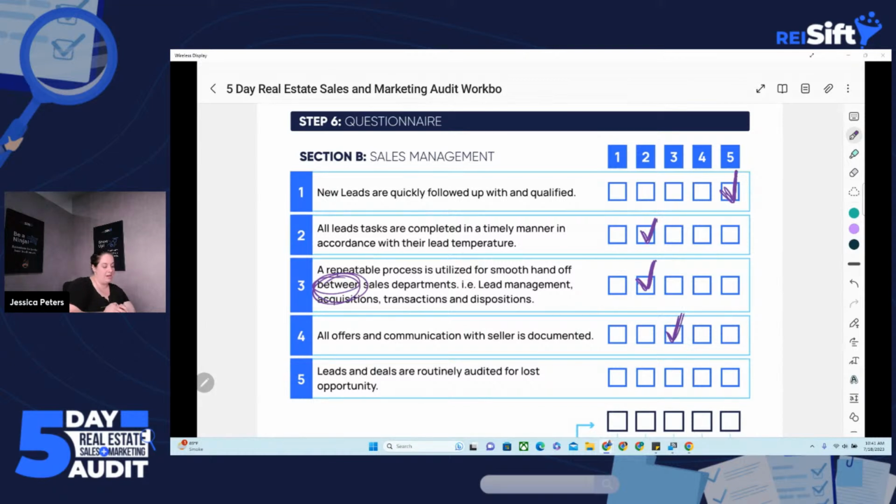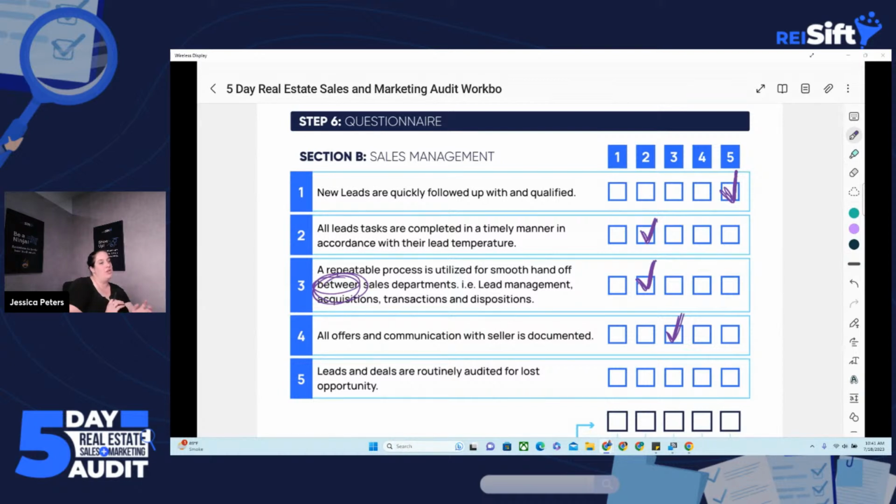And then leads and deals are routinely audited for lost opportunity. This would mean, for lost and for success as well, that because of the activity log and message board in REI Sift, when a deal closes or falls through, you review that with yourself or your team. Okay, I closed on this one. What did I do really well so I can replicate that?